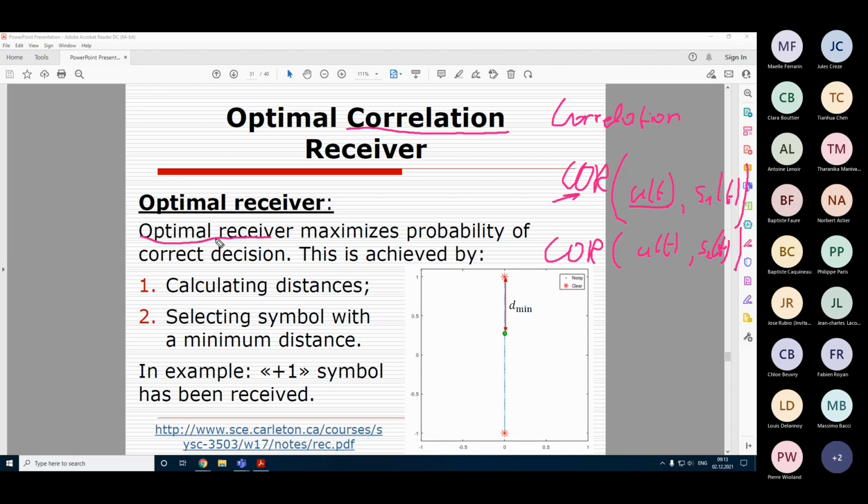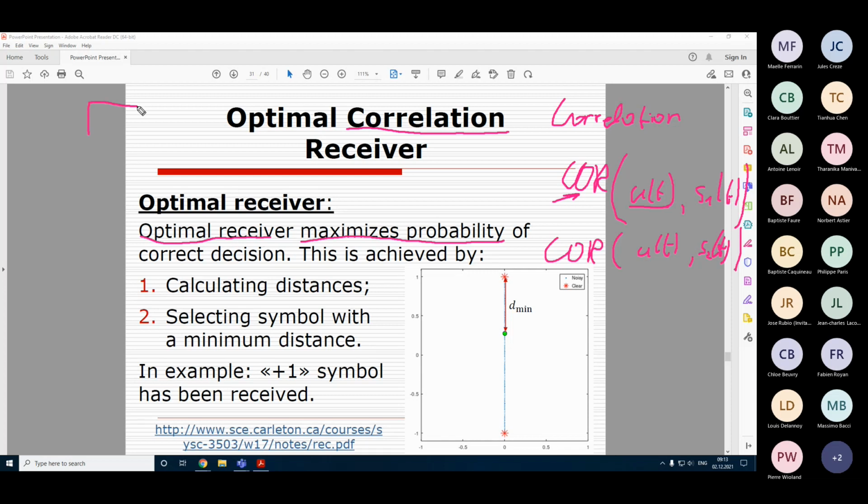So the optimal correlation receiver, of course, isn't always right, but it has the maximum probability of correctly guessing what the signal was. So the probability of failure, let us say, is the smallest possible compared to other types of receivers. Because, of course, there are non-optimal receivers as well, and in fact, we already tried them.